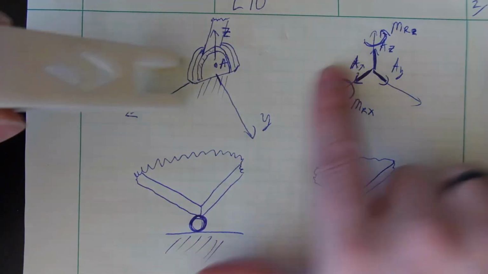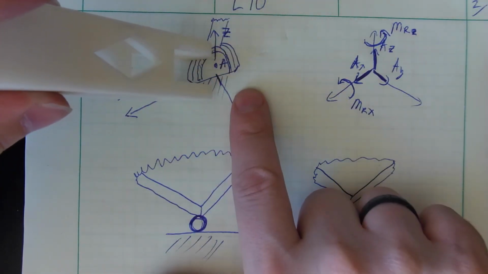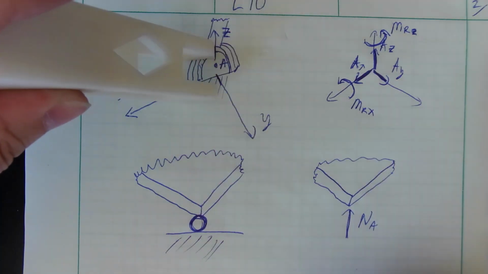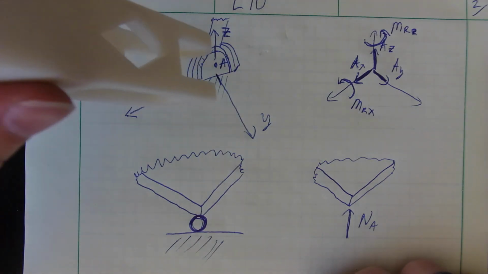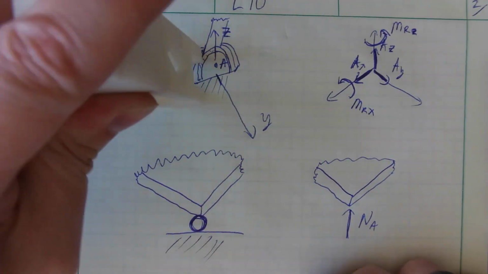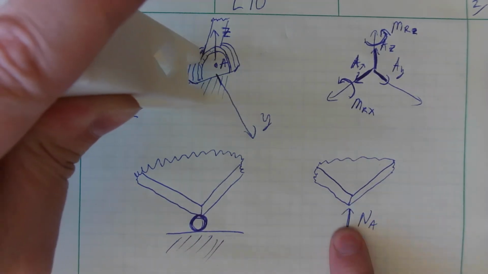Let's say that this is my X and my Y, so to speak, and the Z is straight out of the page. Now I can pull this up and there's nothing stopping it from coming up. But if I try to push it into the page, it provides a normal force pushing back.